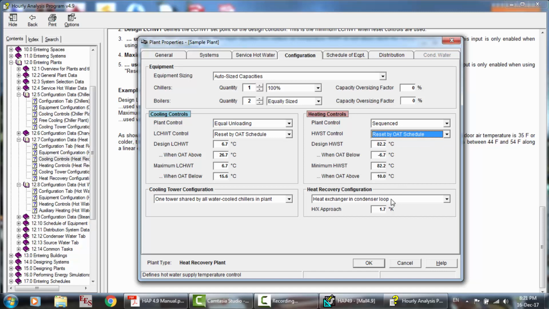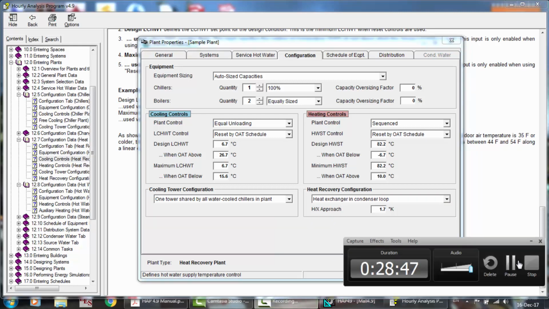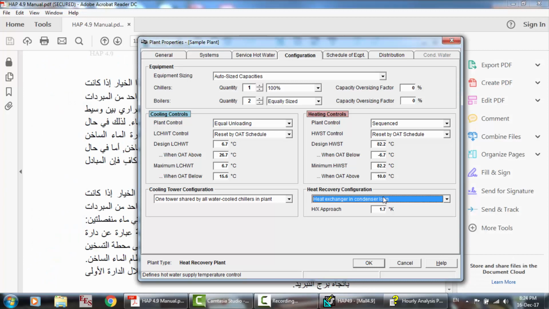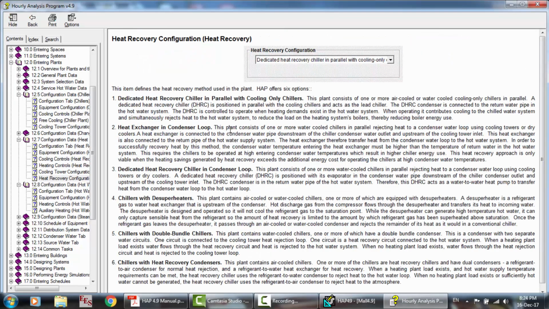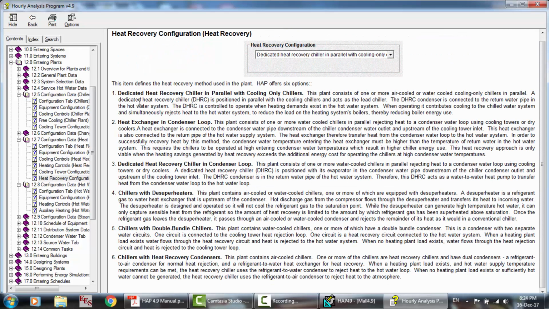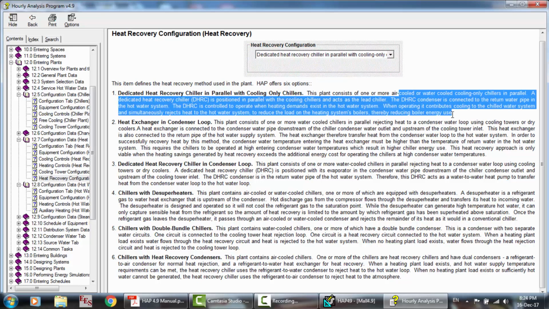For the heat recovery heat exchanger in condenser loop and many options. So here click F1 to find many categories. Dedicated heat recovery chiller in parallel with cooling only. A chiller plant consists of one or more air-cooled or water-cooled cooling only chillers in parallel.